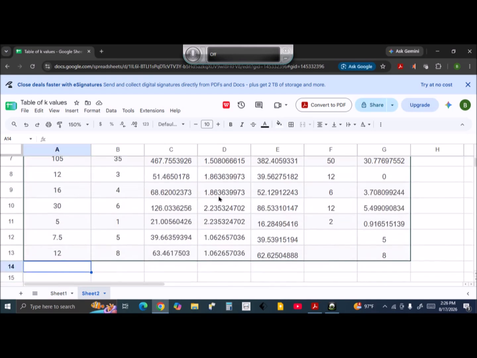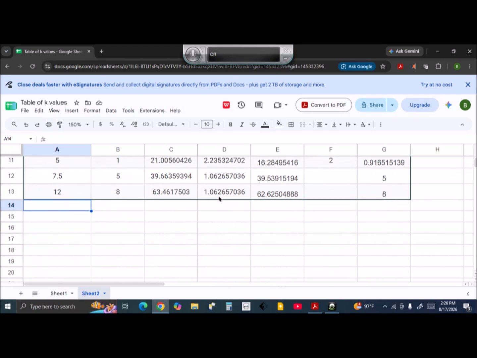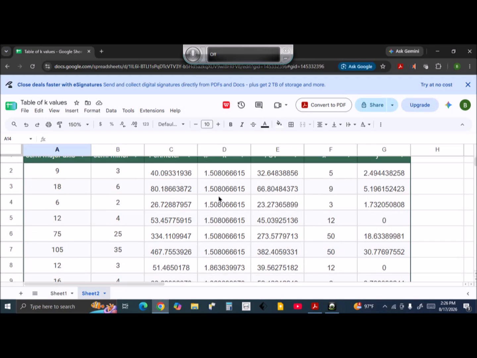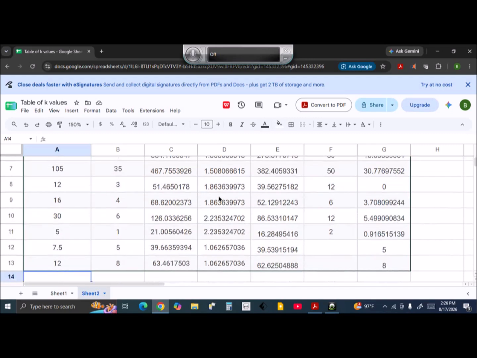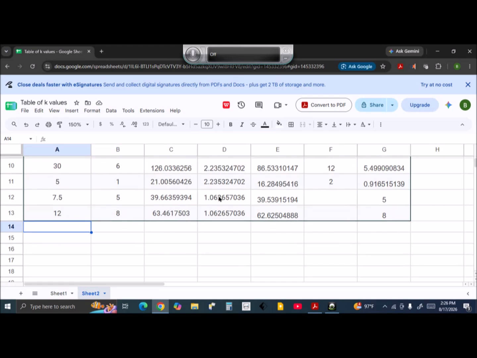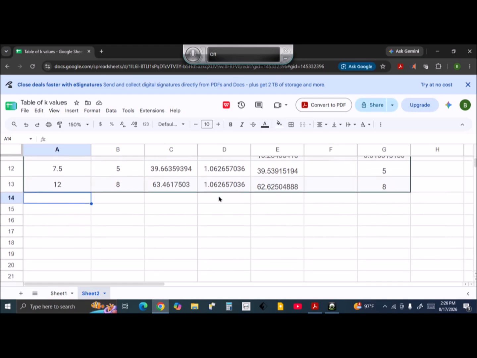So this puts us in a position where we can develop a table of K values for ratios of semi-major axis to semi-minor axis. And then say we're writing some code that runs and finds these perimeters for us.